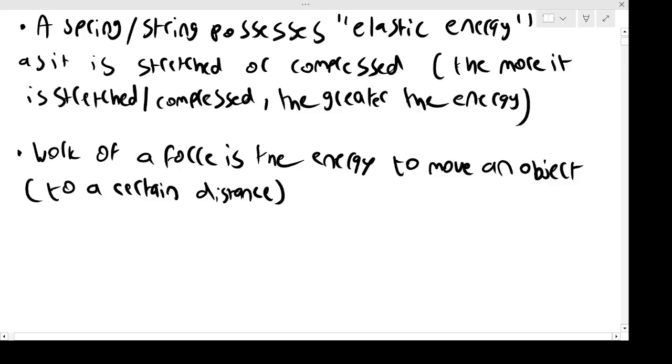That's what work means. And so actually, it turns out that the elastic energy is the work of specifically the tension or the thrust force.